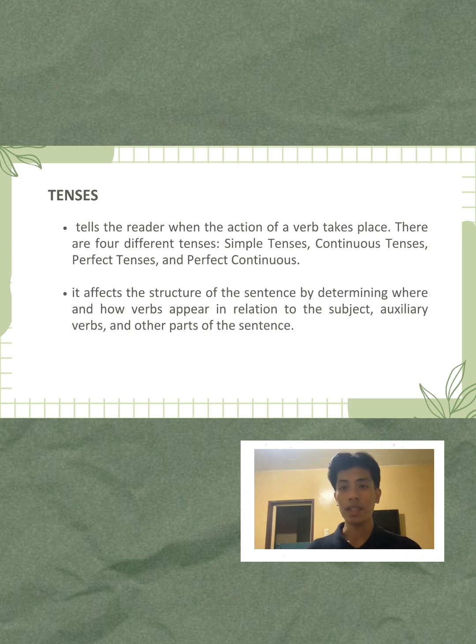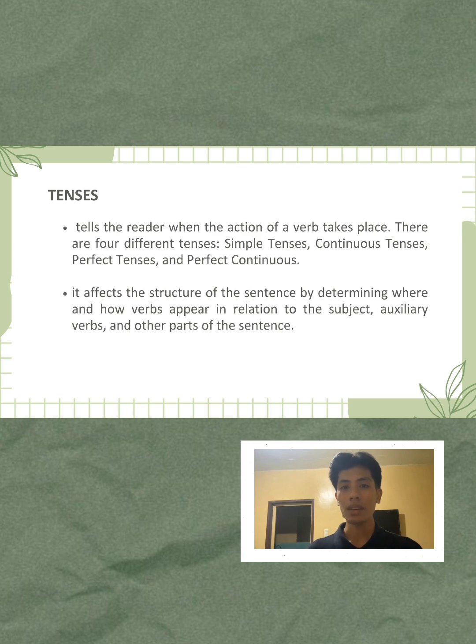And now, let's talk about tenses. What are tenses? They tell the reader when the action of a verb takes place. There are 4 different tenses: simple tenses, continuous tenses, perfect tenses, and perfect continuous.